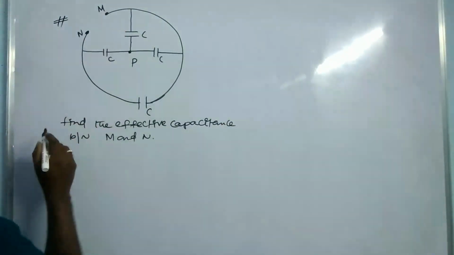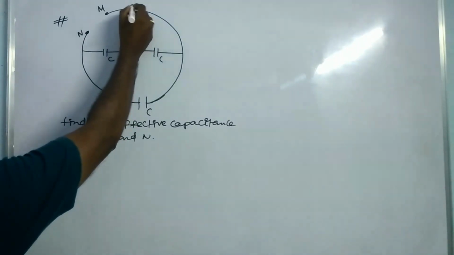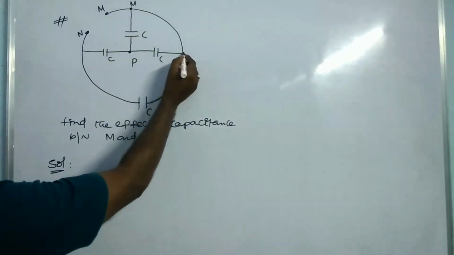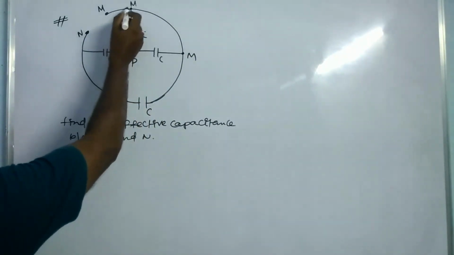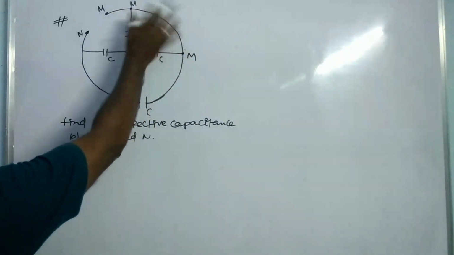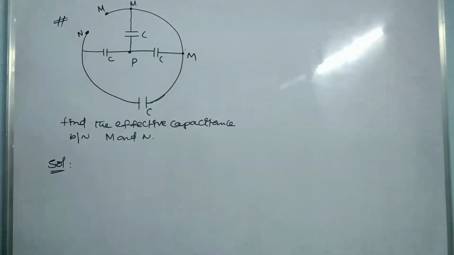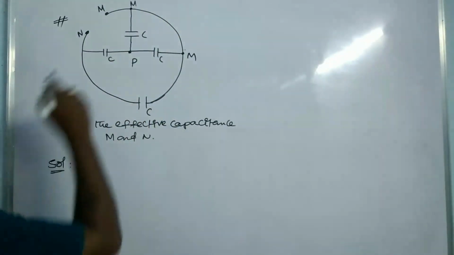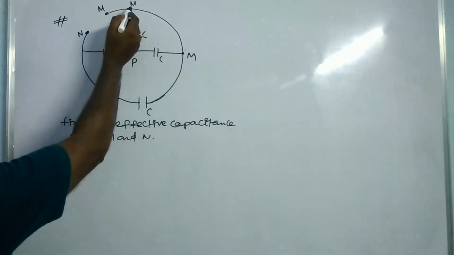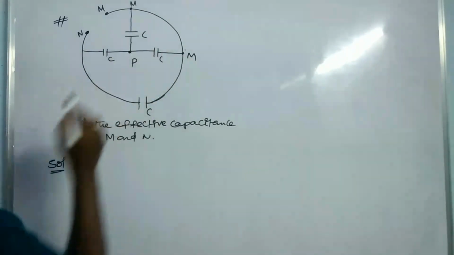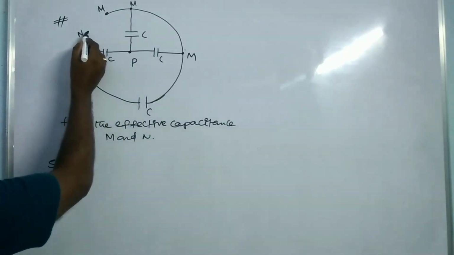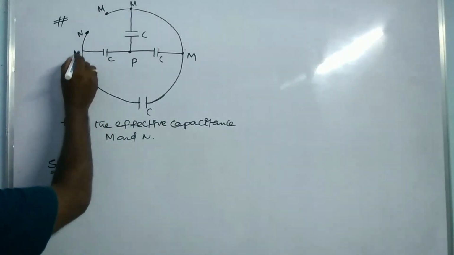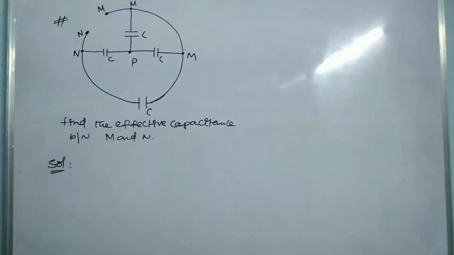This is M. Also this can be M and this can be M. Clear? Because here there are no devices connected. Whatever potential it has, that much potential is there. But here there is a capacitor, and similarly here there is N potential, and also here there is N potential.